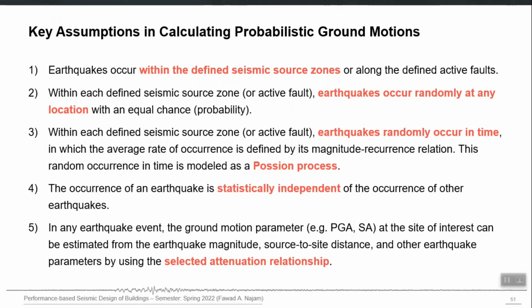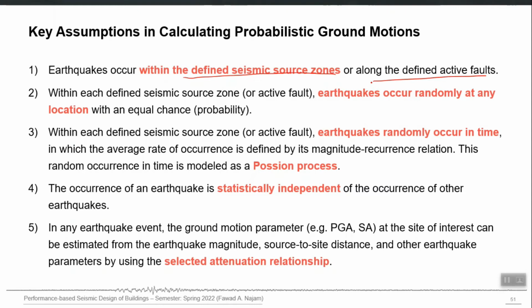So, key assumptions in PSHA. First of all, these are 5 basic assumptions in the original classical PSHA method. The first assumption is that earthquakes occur within defined seismic source zones or along defined active faults, or I can also include certain points.